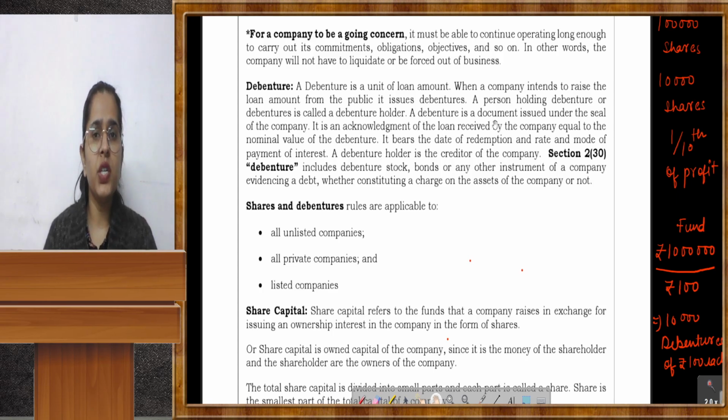Next, a debenture is a document issued under the seal of the company. It is an acknowledgement of the loan received by the company equal to the nominal value of the debenture. It bears the date of redemption and the rate and mode of payment of interest. A debenture holder is the creditor of the company.